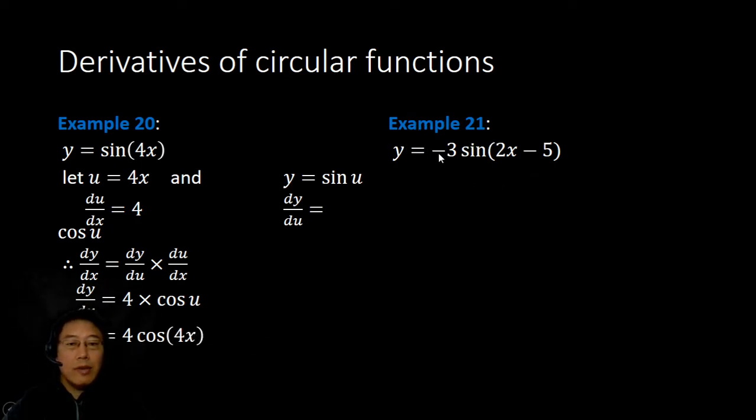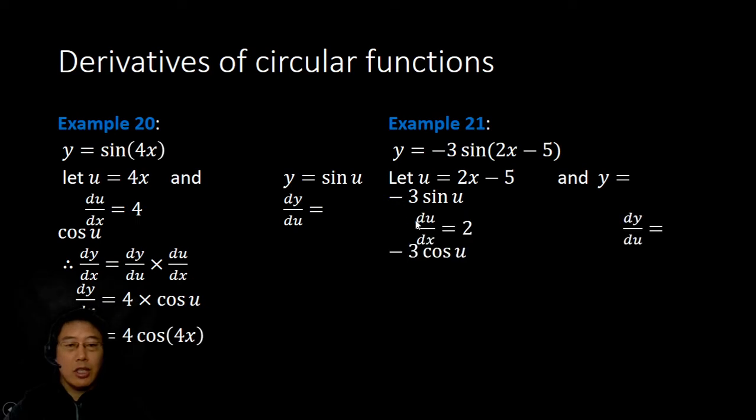Next one, we have negative 3. So negative 3 is a constant factor, so we keep that on the side when we differentiate, and you don't need to change anything. Here we're going to apply a chain rule. So u is 2x minus 5, y is negative 3 sine of u, so that negative 3 will not change. We differentiate 2x minus 5, the first derivative will become 2, and dy over du is going to be negative 3 cos of u.